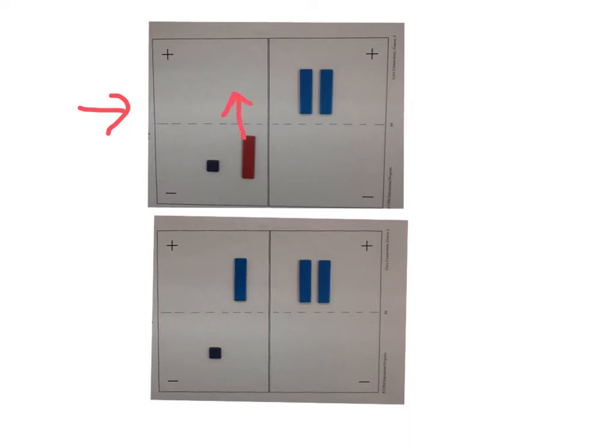I moved this up, and I flipped it around and made it positive, so that got us to this point. So far, I haven't done anything different than what we've been doing.